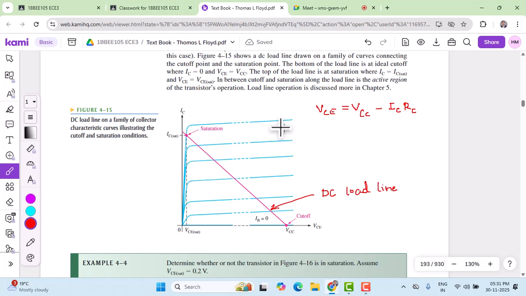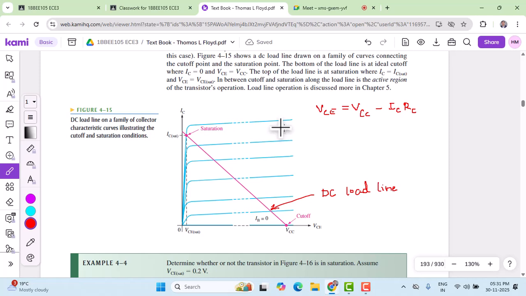So between B and C, the curve follows the PD max equation. Between points A and B, IC is maximum, and therefore it follows another equation. Let us call this equation 1 and this equation 2, so that we can easily understand it. Equation 2 is followed between points A and B, assuming that IC is maximum.